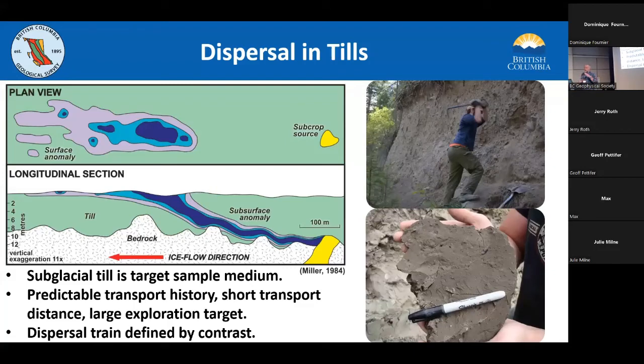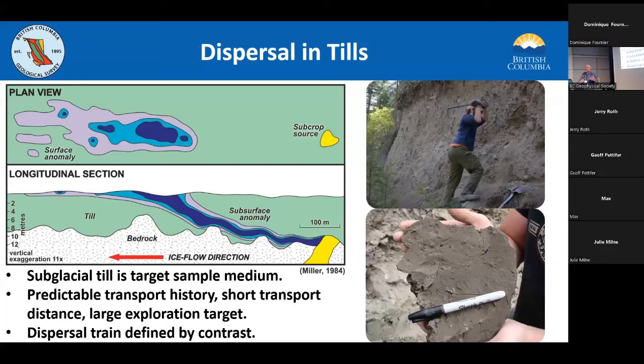And so we know with confidence, based on the orientation of those features, which way glaciers were flowing. So I didn't give you that information. We wouldn't really use dispersal to figure out ice flow direction because it's not as easy to do, and we don't have as much confidence in it as we do with these other data sets.